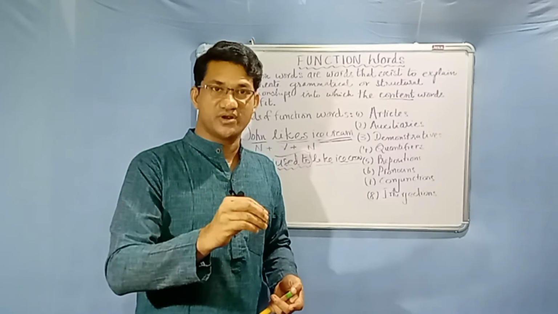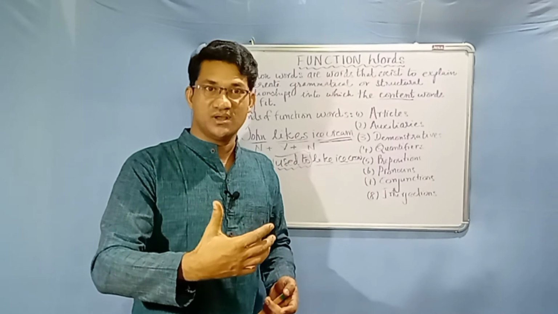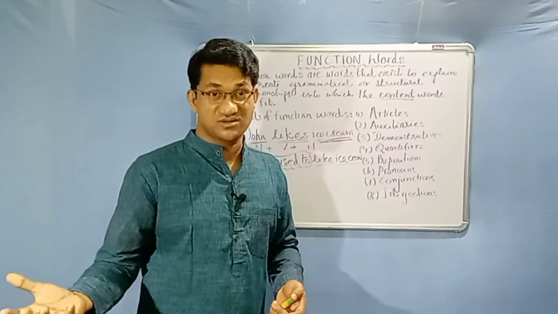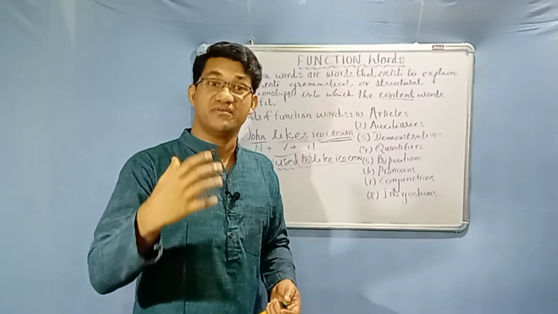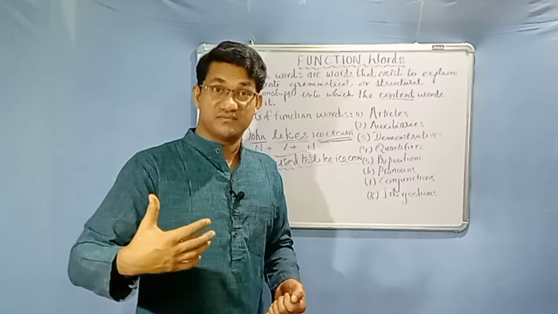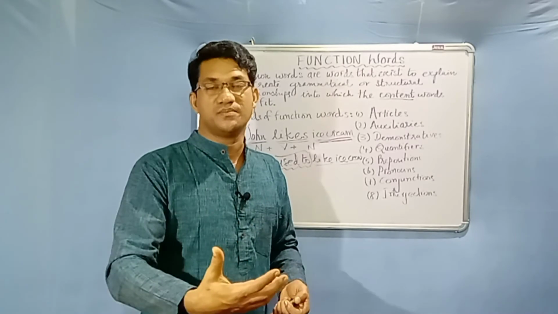John likes ice cream. John does not like ice cream. Does John like ice cream? Doesn't John like ice cream? John used to like ice cream. All these are examples. And remember, when we have different grammatical or structural differences, we depend on function words in order to make different tenses.